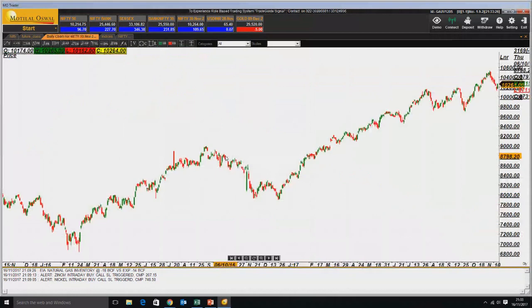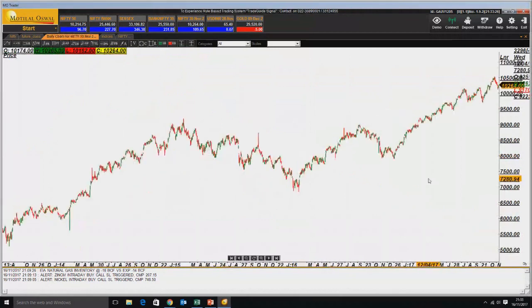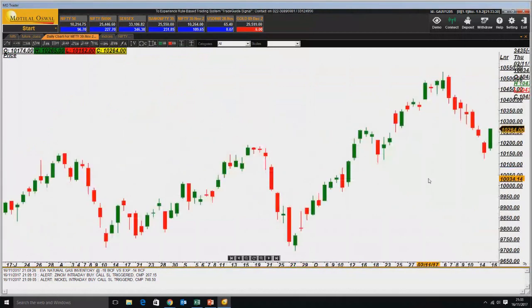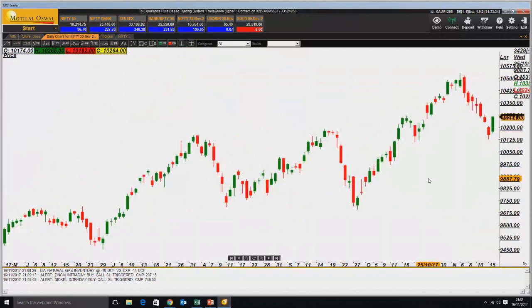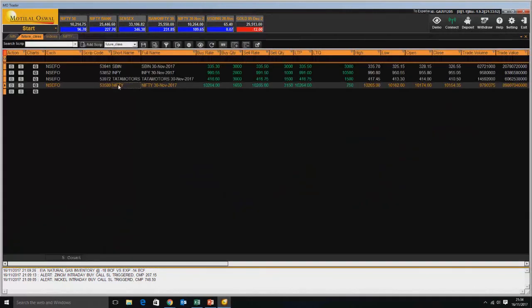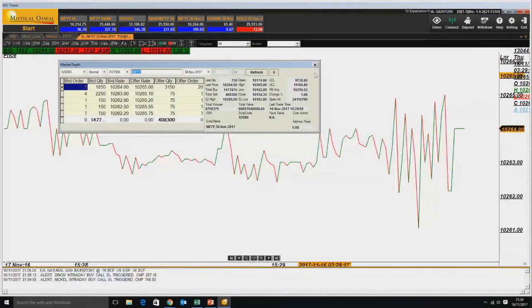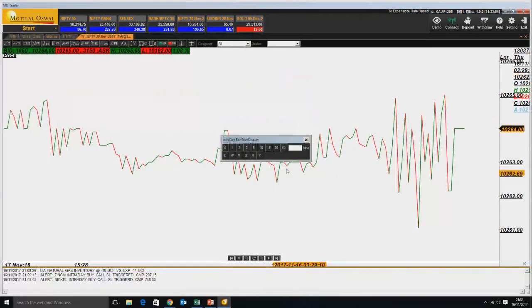Go to the daily chart, right? So you see, Nifty has broken a major support zone.